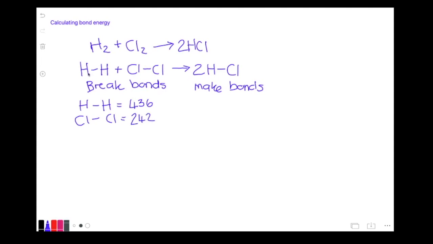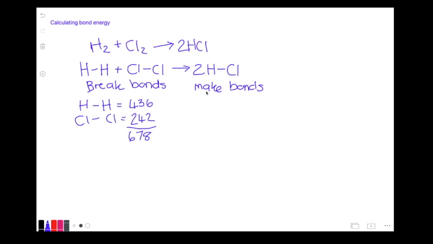On the left hand side, we've got no other molecules, and there are no large numbers in front of these two molecules, which would be for balancing the equation. So we can do the sum of those two bond energies, and that comes out as 678 kilojoules per mole. That's how much energy we have to put in to break those two molecules.